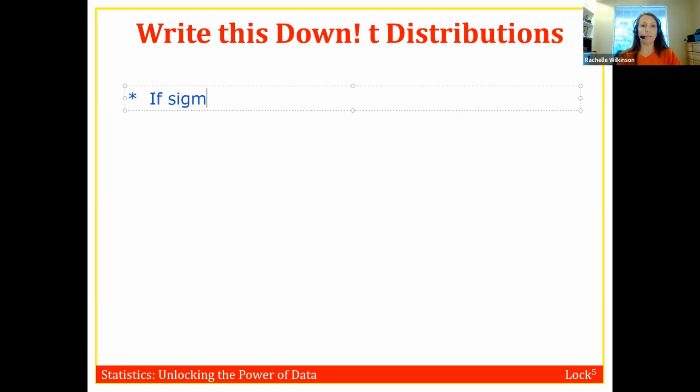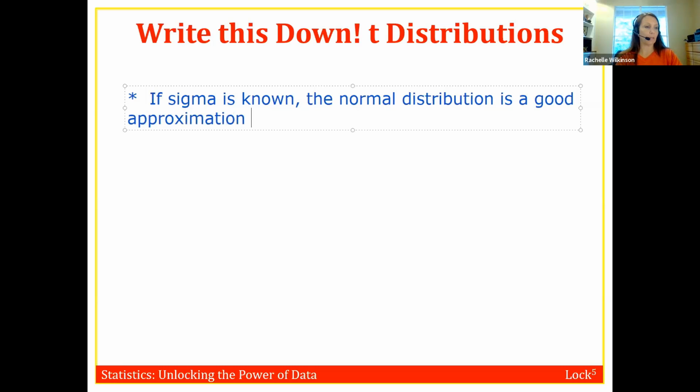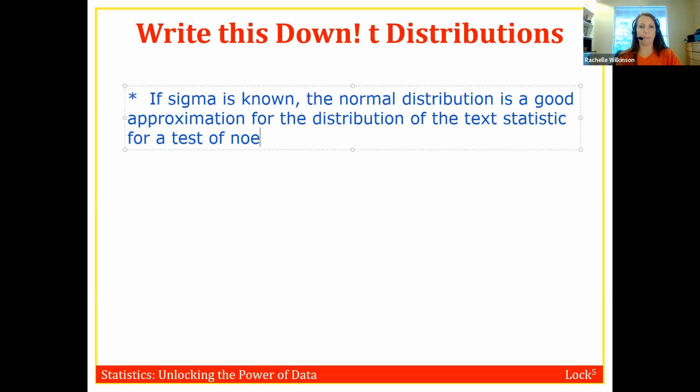So if sigma, so sigma was that little circle curly thing, if sigma is known, the normal distribution is a good approximation for the distribution of the test statistic for a test of one mean.